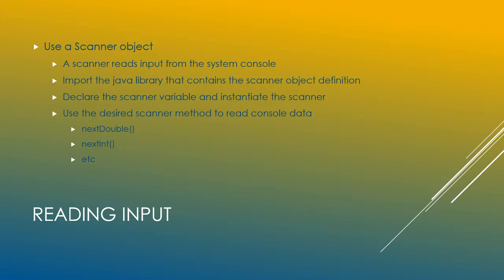We're going to then declare a variable as a Scanner object and use the desired Scanner methods to read our console data. So if we wanted to read a number, we could do nextDouble, nextInt, and the videos in zyBooks will show you how to do that with lots and lots of different examples.